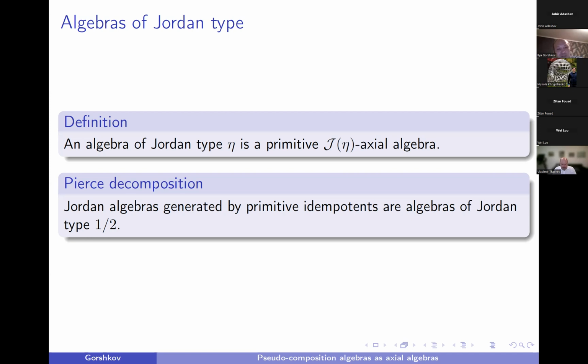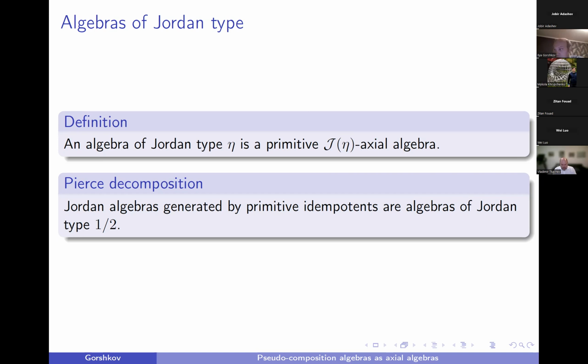From the Peirce decomposition, we have that a Jordan algebra generated by primitive idempotents is an algebra of Jordan type half.